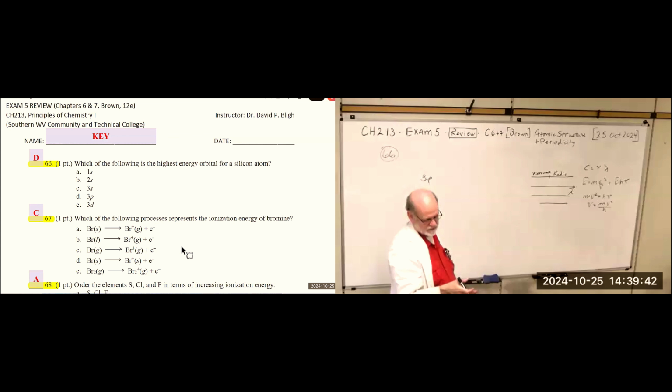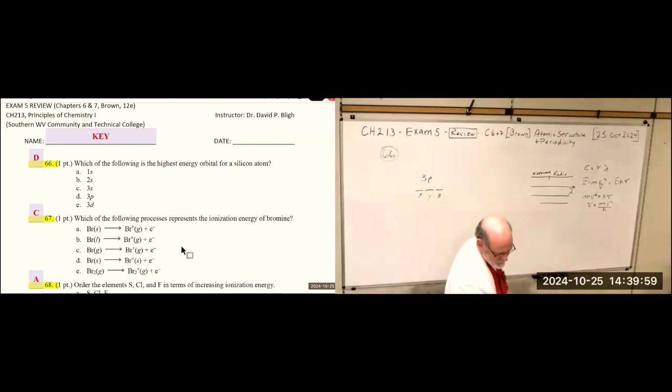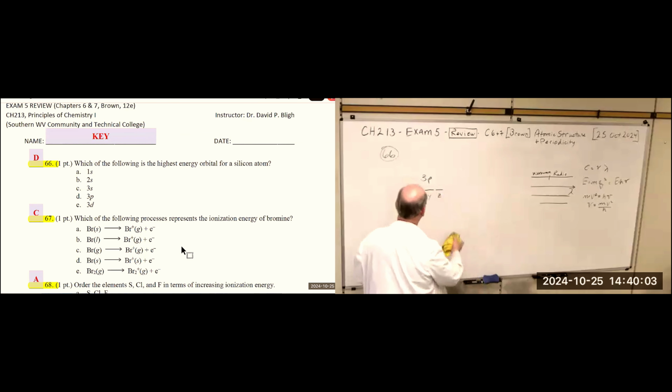Actually, that's the highest subshell, not the highest orbital. The orbitals are degenerate, so any one of those would work, x, y, or z. So it's kind of a wording problem. But the best answer is D.